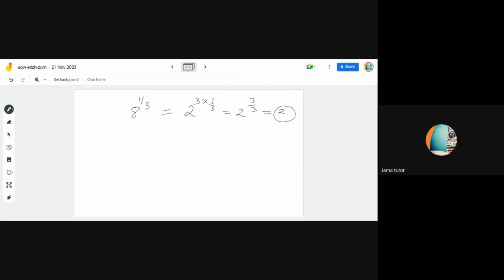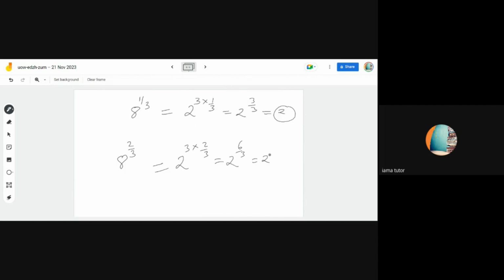Now let's suppose you have another question which says 8 power 2 over 3. How can you rewrite it? You can rewrite as 2 power 3 times 2 over 3. That will give you 2 power 6 over 3.